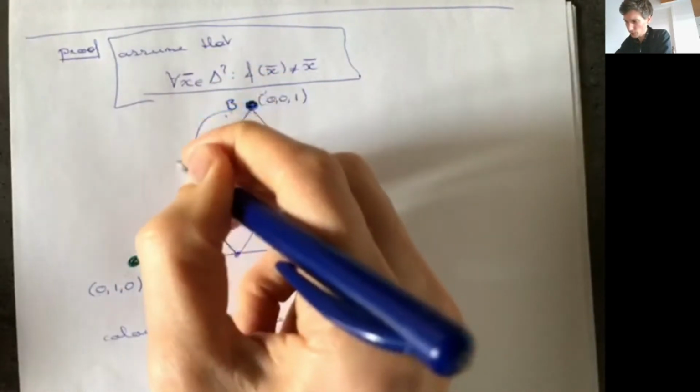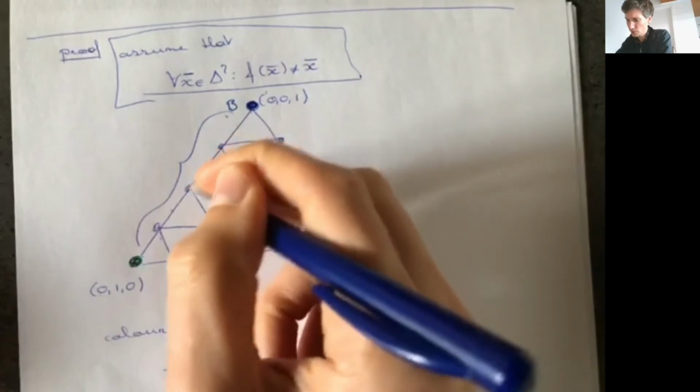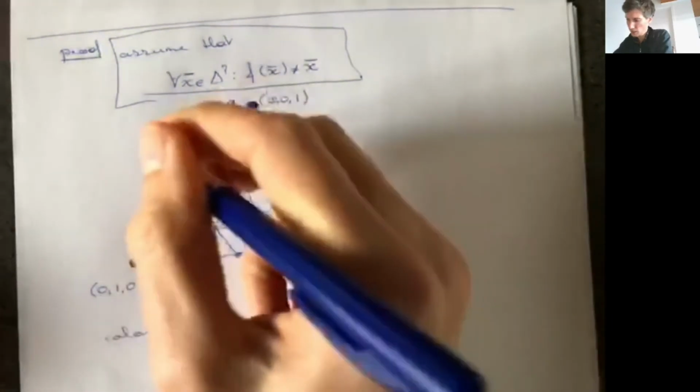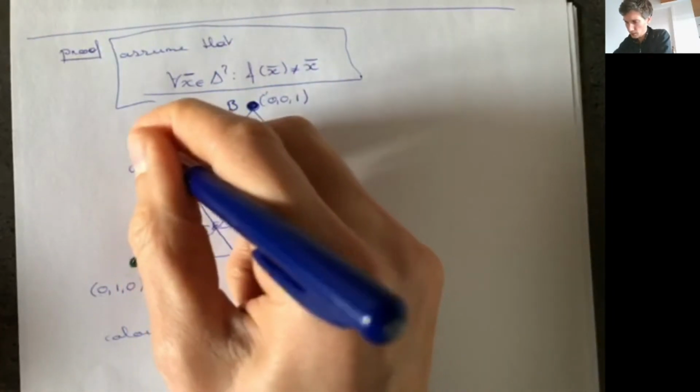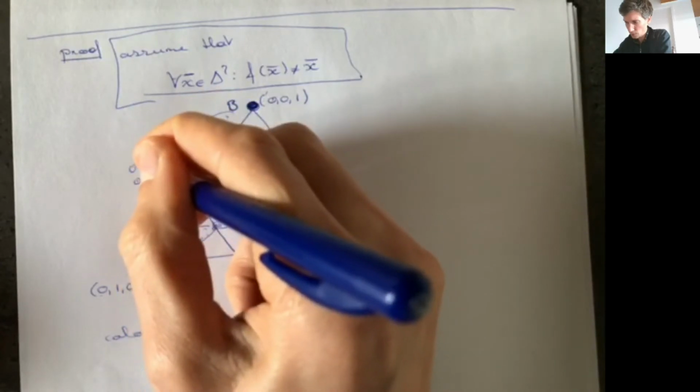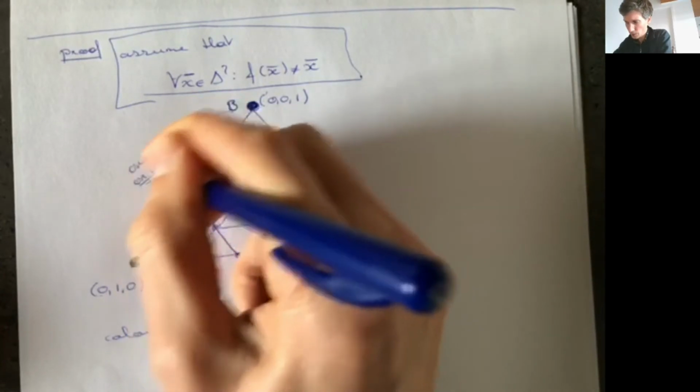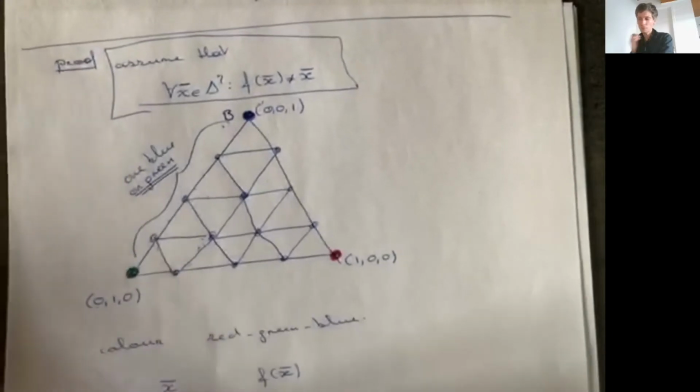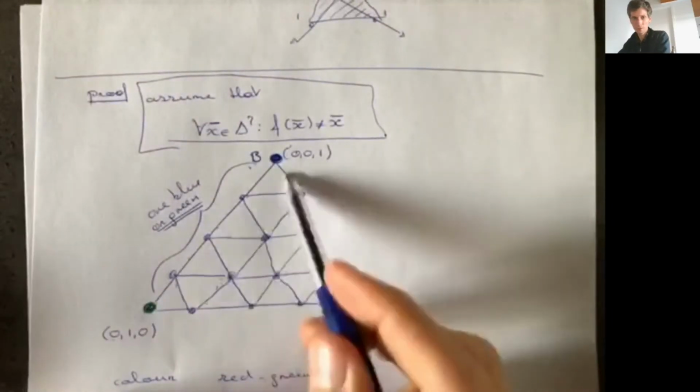So now we have to show, for example, that all the vertices here, these three ones, are blue or green. Okay, so let's do this. Let's take a vector here. So this, I think, is point number 3.